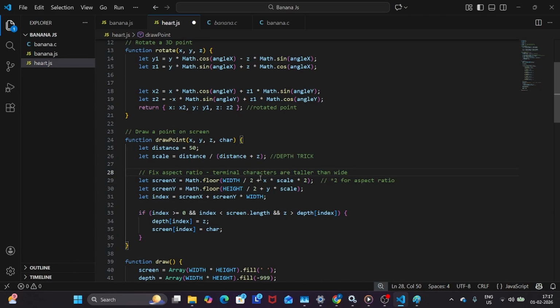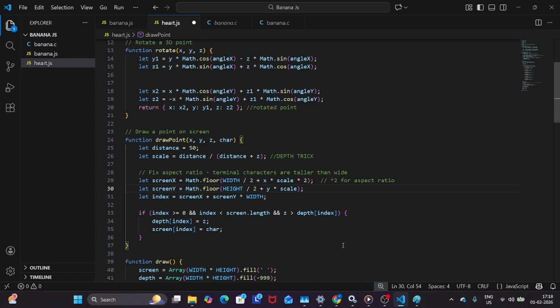Now we'll multiply both by scale, and for x we also multiply by 2 for the aspect ratio. As I have written here, multiply it by 2 for the aspect ratio. In this case, we are not going to do that.